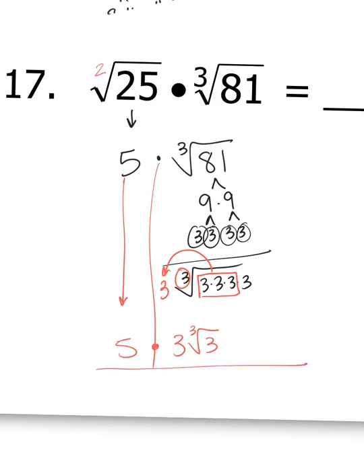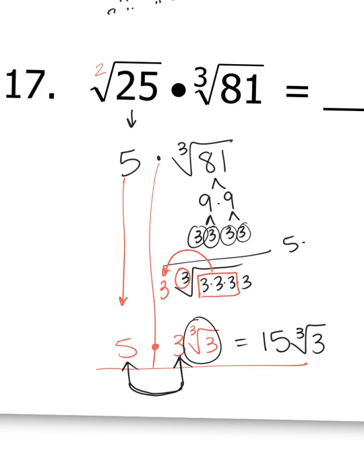Let's see if we have any like terms. I have a plain old 5 and a plain old 3, nothing special about them. So I could combine those with multiplication. On the outside, I now have a 15, and then I would just tack on the cubed root of 3 at the end, just like I would if I had a variable.